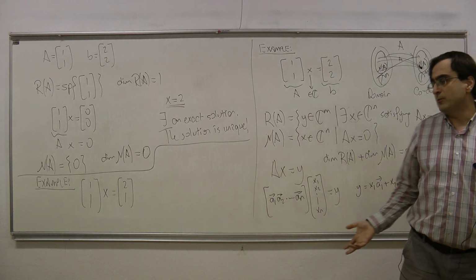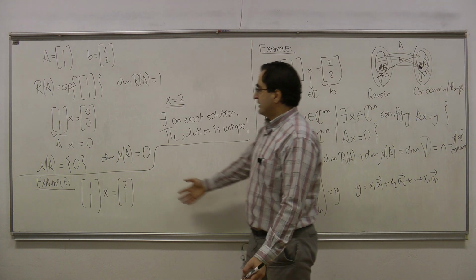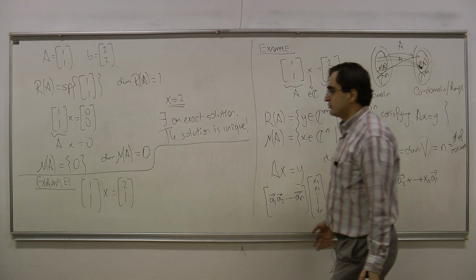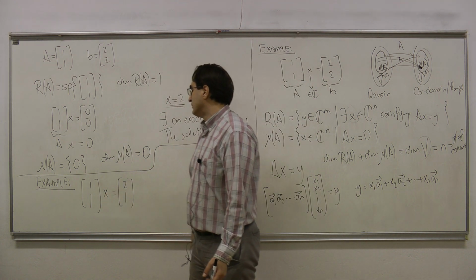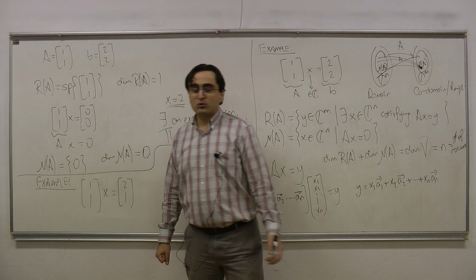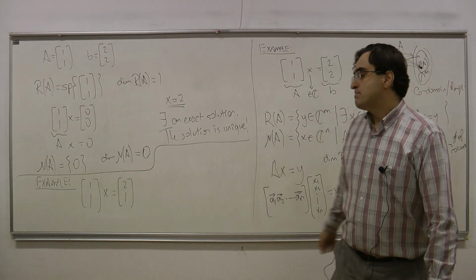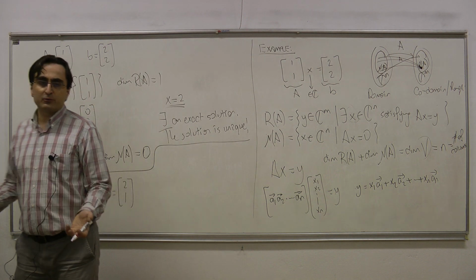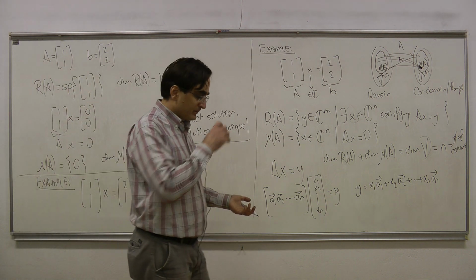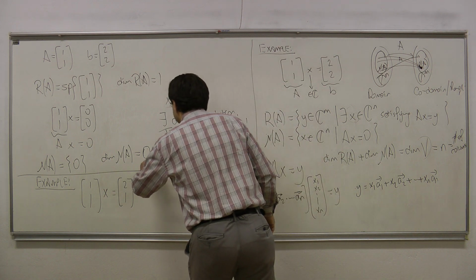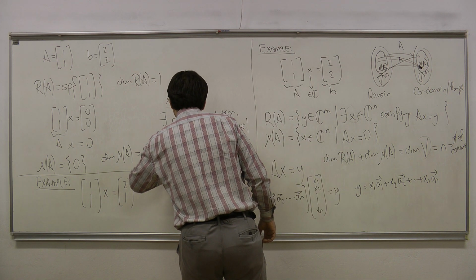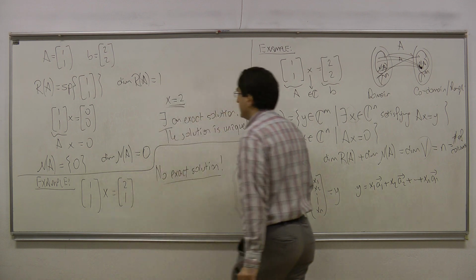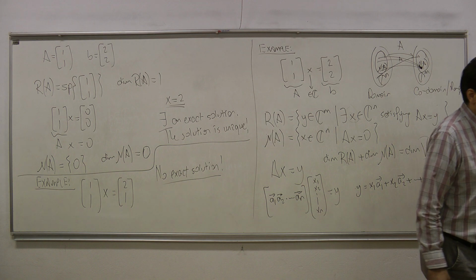If I ask you the same questions, again, is there an exact solution? You see obviously that there is no exact solution. I cannot find any single x value which would satisfy this equation. And when we don't have any exact solutions, we cannot talk about uniqueness either. So in this case, I have no exact solution.